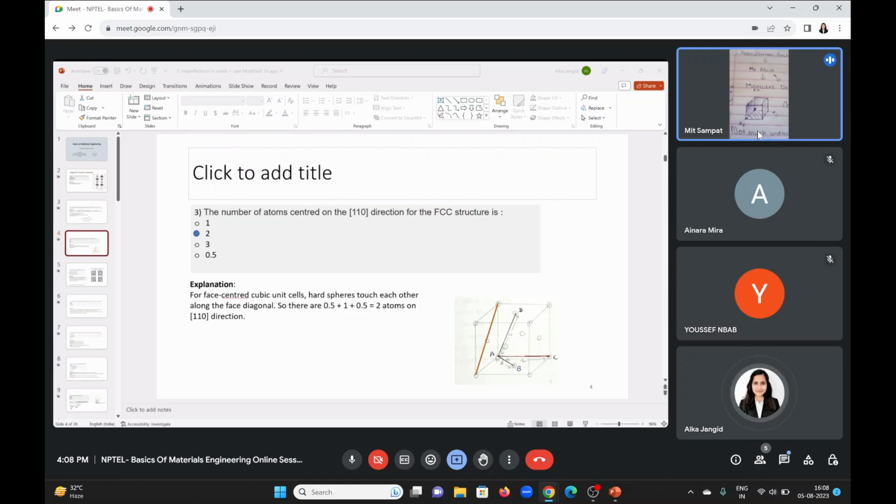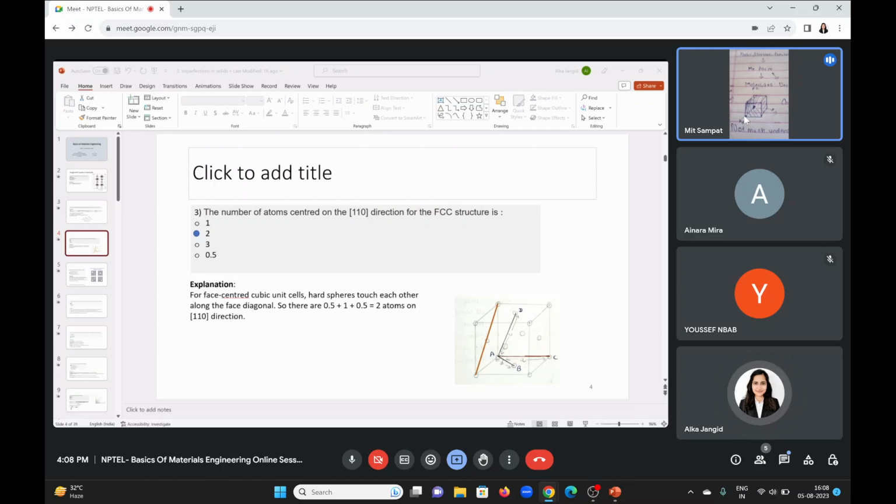So these are all 100 type of planes. Now you have to figure out what the intercept is. For example, when it is cutting Y at 1, then it will be 010.